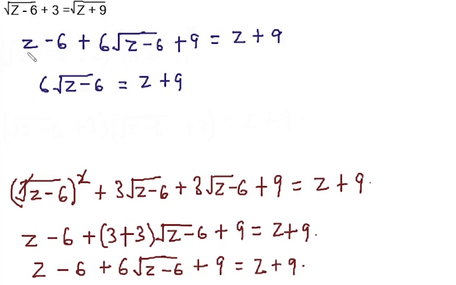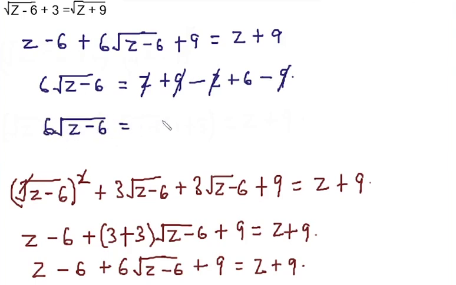And then if you note, z going over to this side is minus z. And then 6 going over to this side is plus 6. And then 9 going over to this side is minus 9. So we have z minus z cancelling out each other. And we have 9 cancelling out minus 9. So I have 6 square root of z minus 6 is equal to 6.